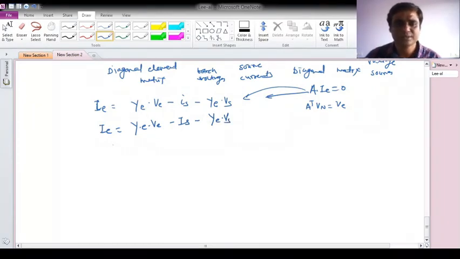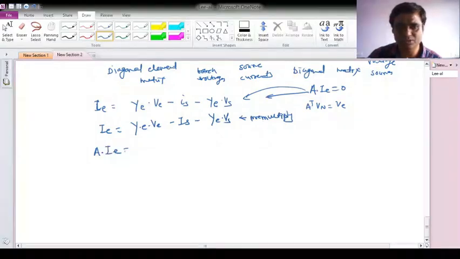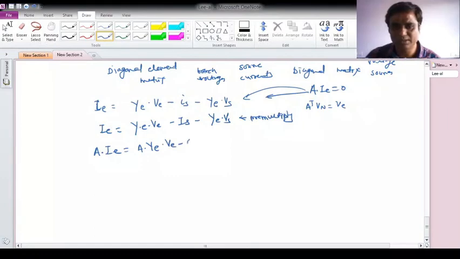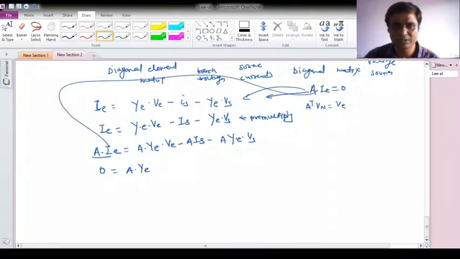Okay. So suppose I'll pre-multiply this equation by A. So it will be A into IE, so it will be A into YE into VE minus A into IS minus A matrix multiplied with YE into VS. Then what I observed, A into IE is 0, so this is 0 will be equal to this information in this form.